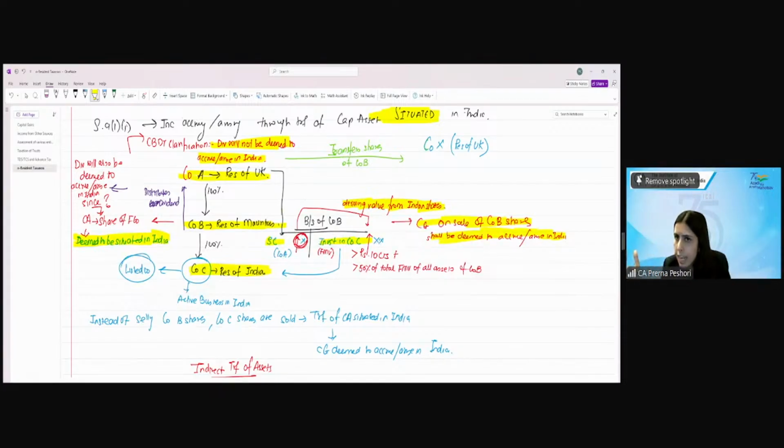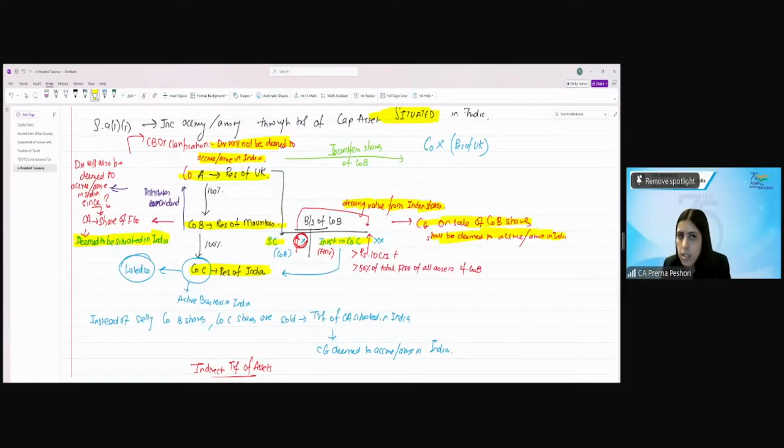That way, it will not be taxable in India. Why? Because company B's shares are not situated in India. Company B's shares are situated where? Mauritius, where the company is incorporated. Correct? Shares are situated where the company is incorporated. Fine. So it will avoid the tax in India.